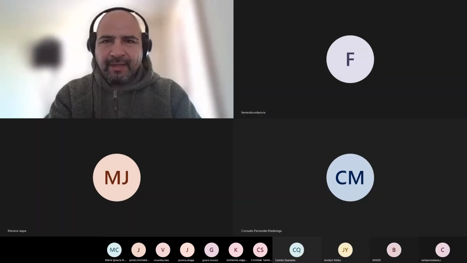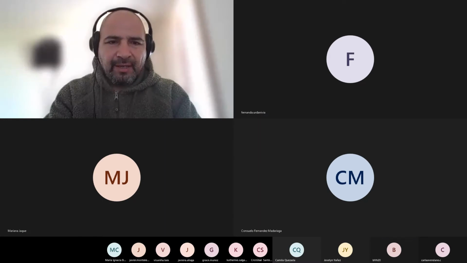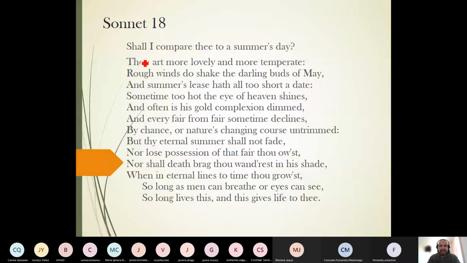All right, let's take a look at this first quatrain and what it's proposing, right? So, shall I compare thee to a summer's day? No, thou art more lovely and more temperate. So this is a metaphor comparing the lover to a summer's day with all the positive associations that you might think of, right?